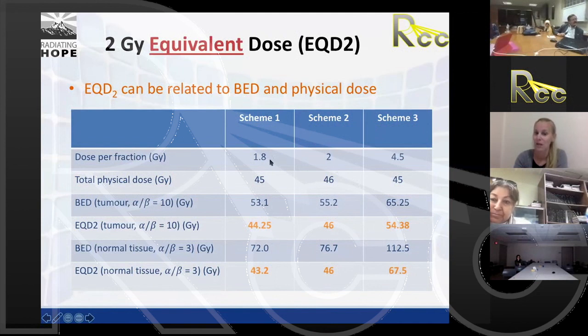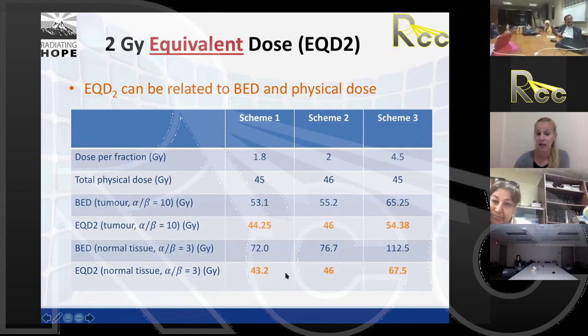For slightly lower dose per fraction, we're going to get a slightly lower EQD2, so you'll see a slightly lower response for our tumours. If we increase the dose per fraction, we'll get a slightly higher increase in the EQD2 value.